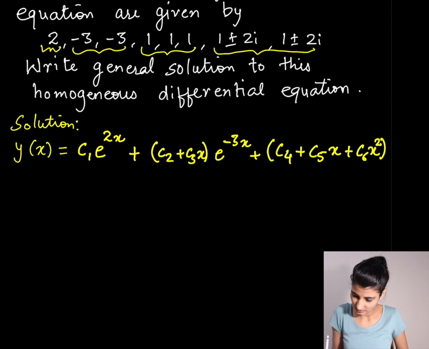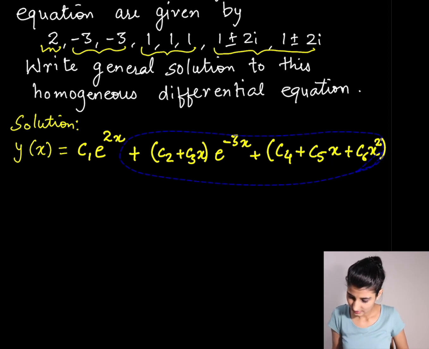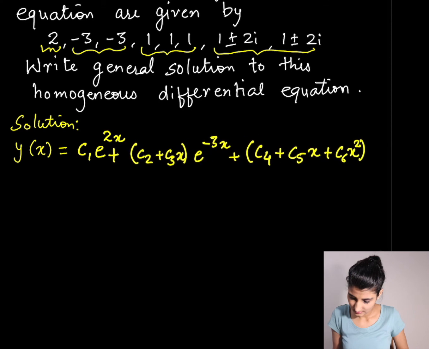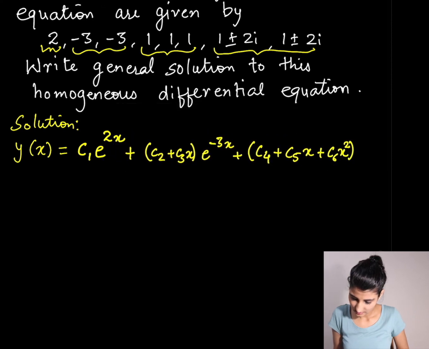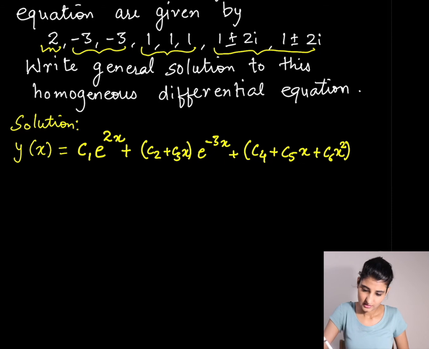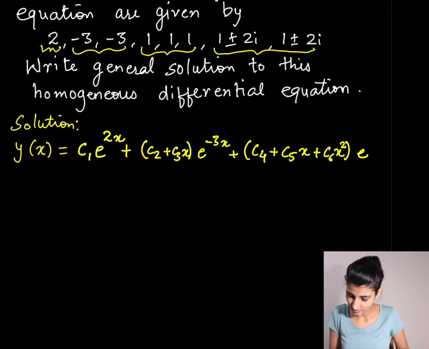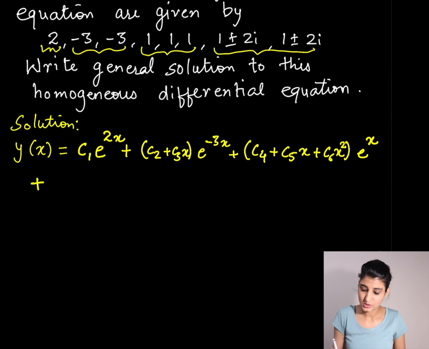I want to write this in the same line. e power x corresponding to 1. Now we want to write down corresponding to 1 plus 2i.